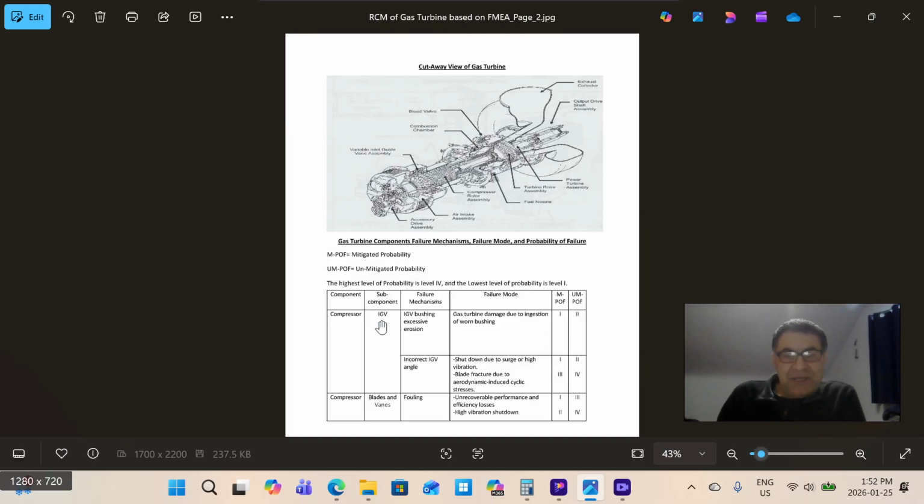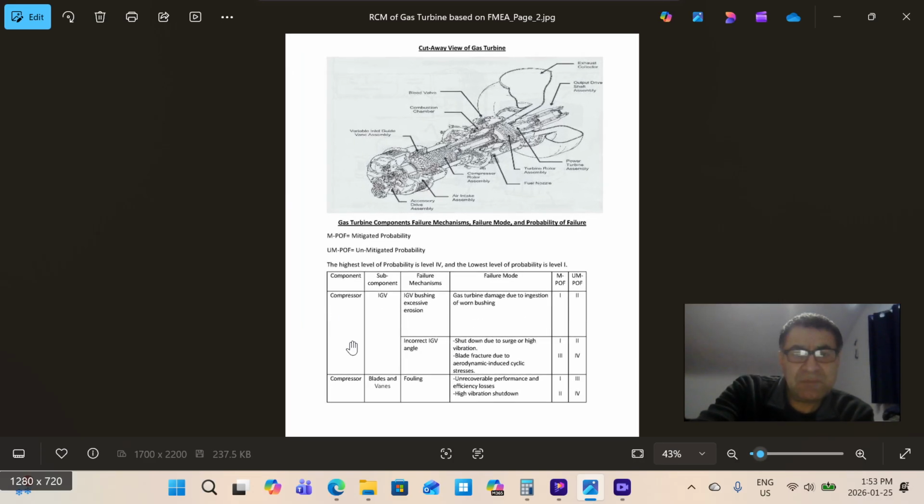Any change out of these thresholds is going to directly impact the functionality of the gas turbine. The failure mechanism is IGV bushing erosion, and the failure mode is gas turbine damage due to ingestion of the worn bushing. Mitigated probability is very low, and unmitigated probability is level 2.